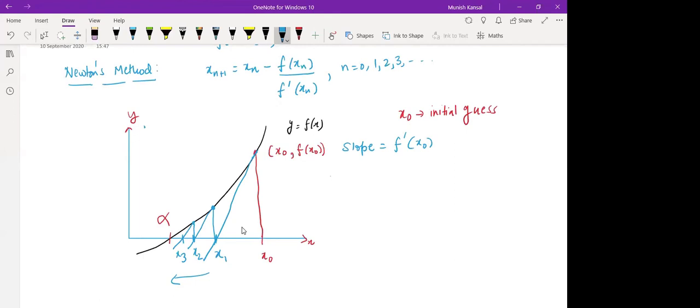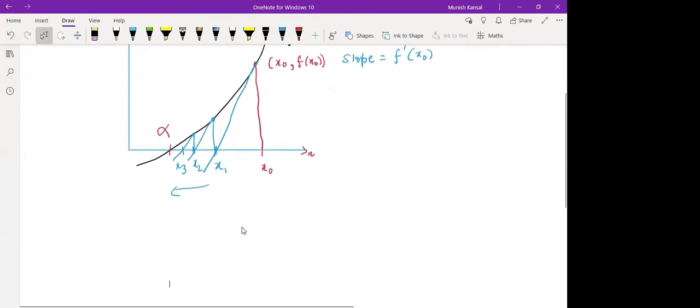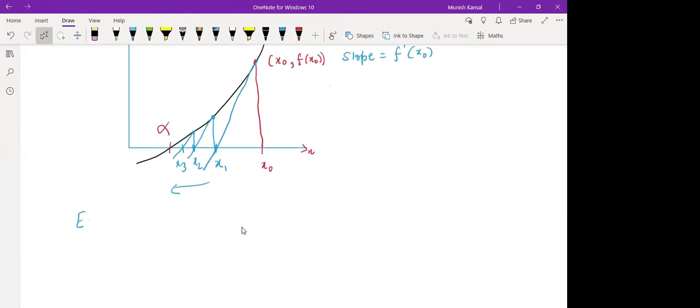So to calculate x1, what will we do? We make use of the point slope form. Let us write down the equation of the tangent at x naught comma f of x naught, right? So what will be the equation of the tangent here?